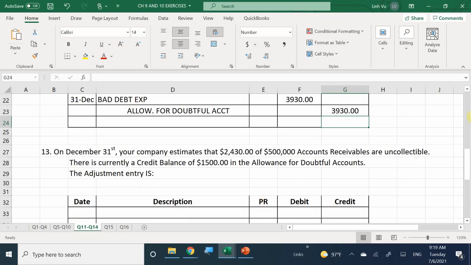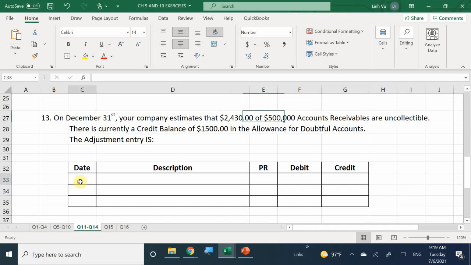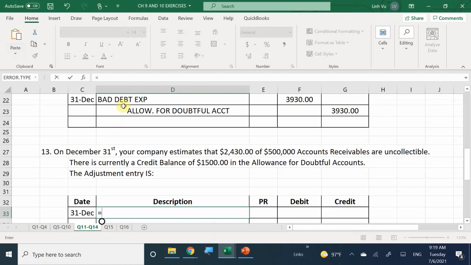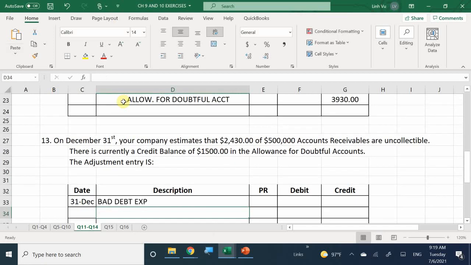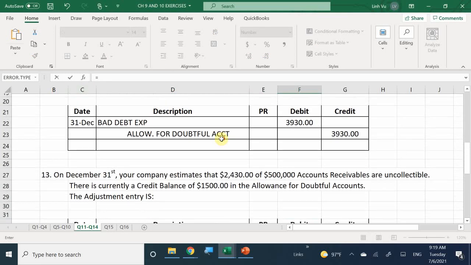How are we going to record this adjustment this time? Bad debt expense for 930 and allowance for doubtful accounts for the same amount. For how much? I got 930. 930. So, let me see.